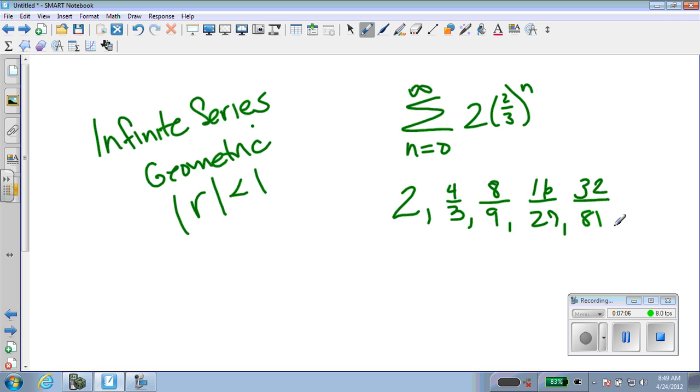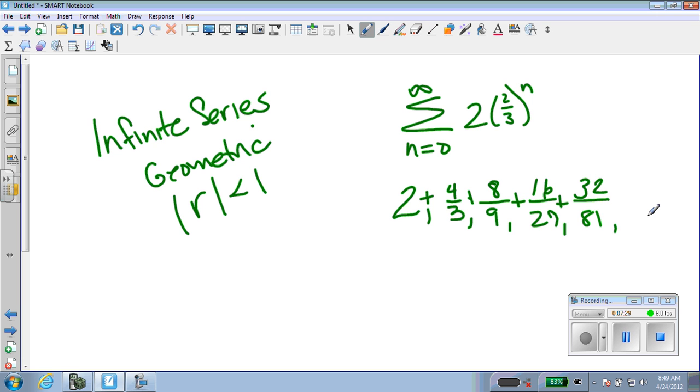Notice that the terms are getting smaller and smaller. In other words, they're converging to 0. They'll never get there, but they will converge to 0. So if we're adding these, which we will be, then what's going to happen is we'll be adding smaller and smaller amounts.